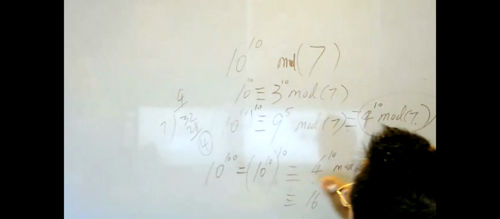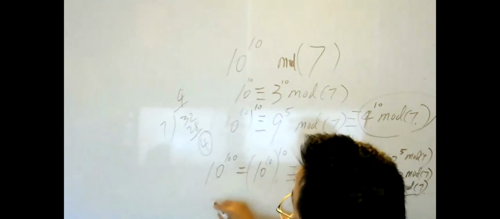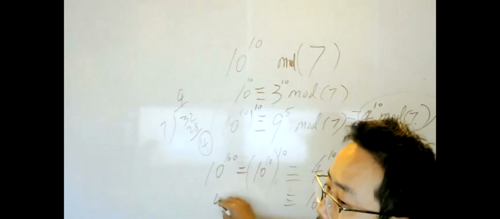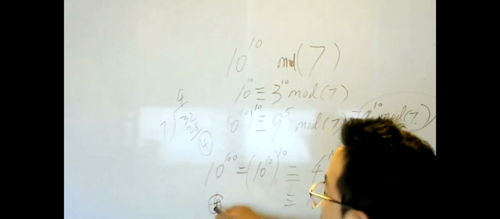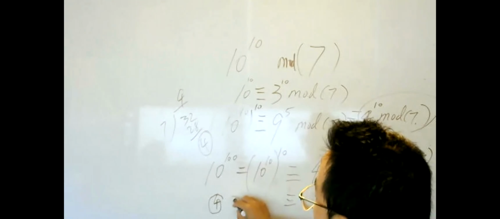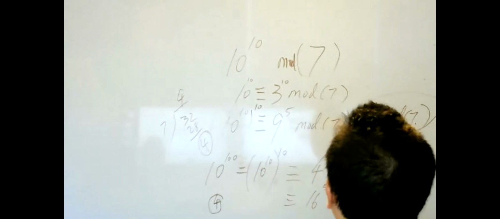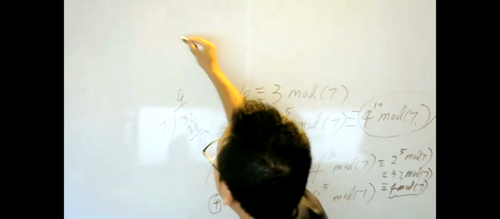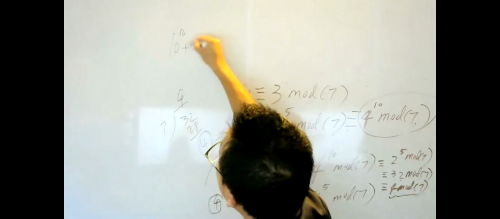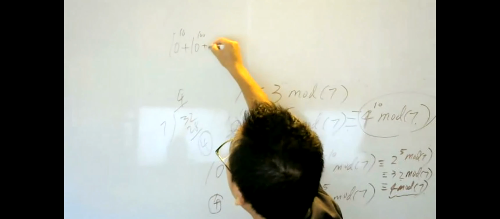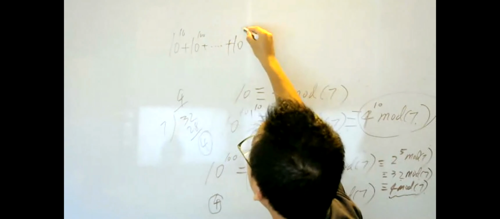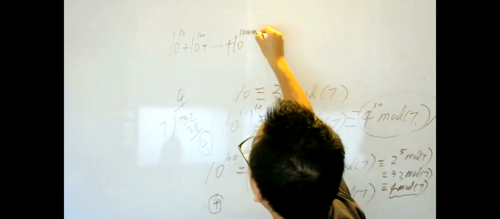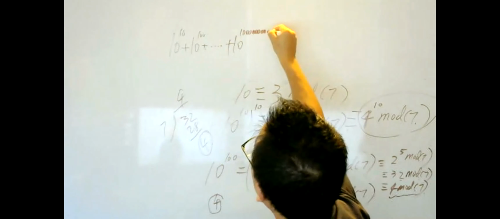So 10 terms, you add all 4. Every term has the congruence of 4. You add them together, it's going to be 40, right? So let me rewrite in here. So 10 to the 10 plus 10 to the 100 plus 10 to the 1, 2, 3, 4, 5, 6, 7, 8, 9, 10.